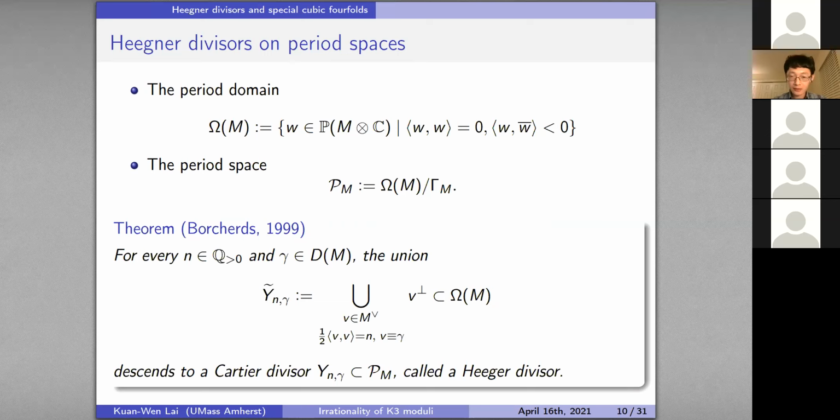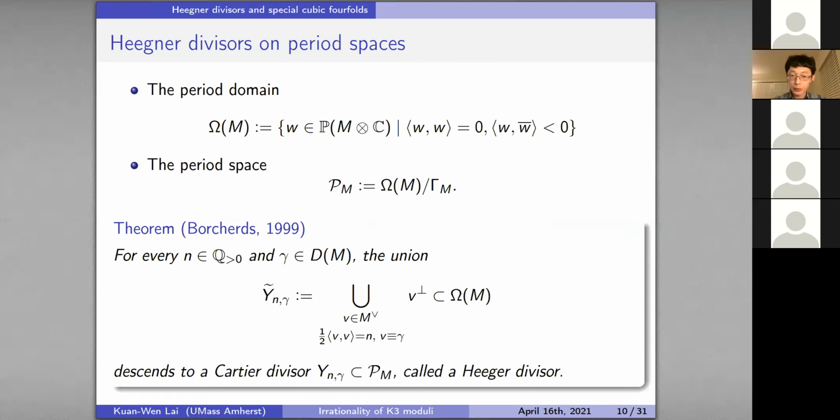This is a union of hyperplane sections on the period domain Omega, the orthogonal complements of vectors v, where v is taken from the dual lattice and satisfies two numerical properties.